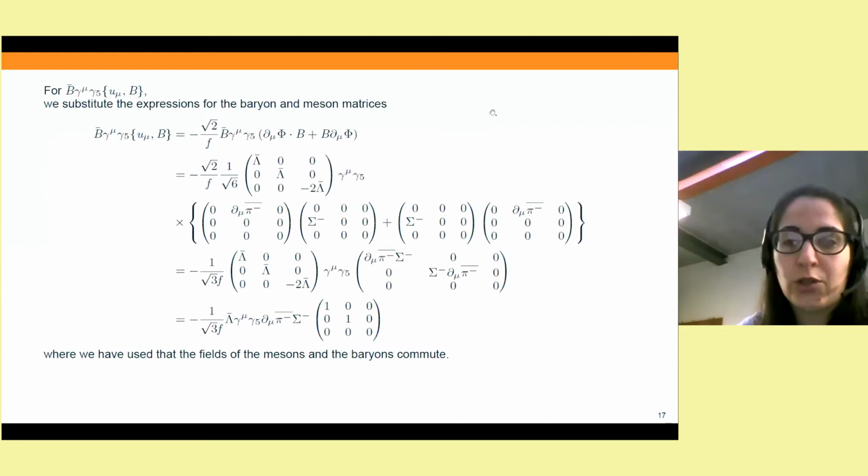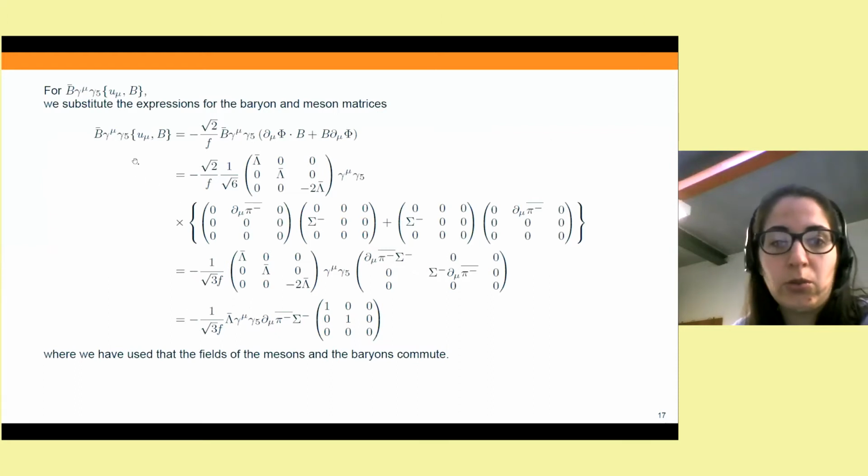Okay, so I show you here what I wanted you to do. We had this expression here, right? And we just substitute, we have this factor minus square root of 2 over f. Then we get this B bar that we saw that contains the lambda field, right? Then we have this gamma mu and gamma 5 that we just keep here.